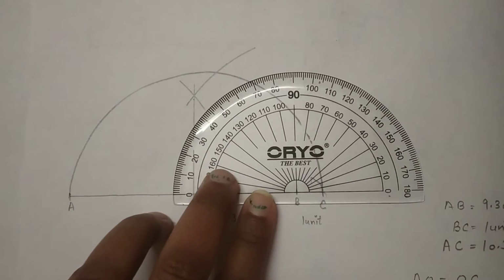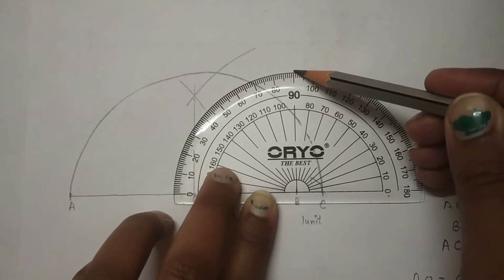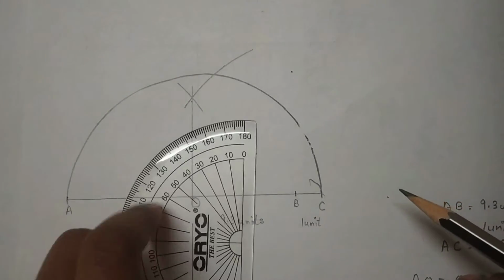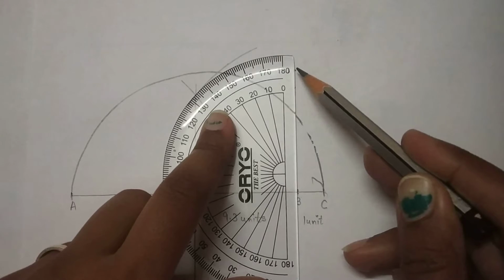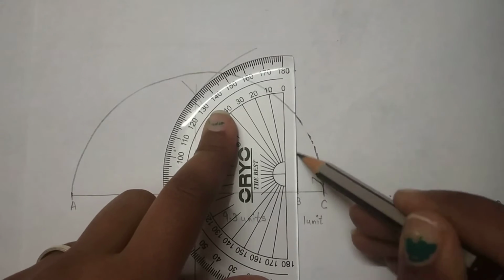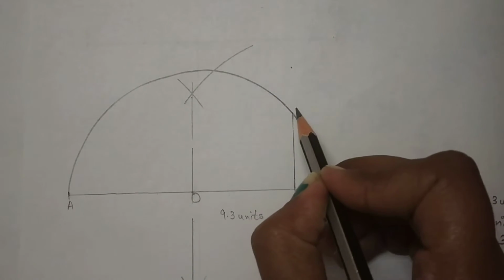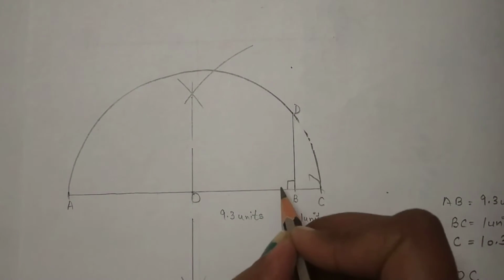Take it at the center B. Now at 90 degrees mark the dot. Now I need to join it with the semicircle. So with this I will draw the line up to the semicircle only and mark it as D. This is 90 degrees.